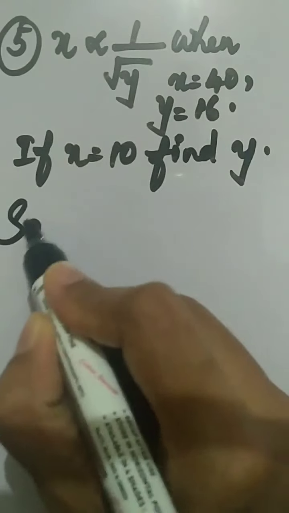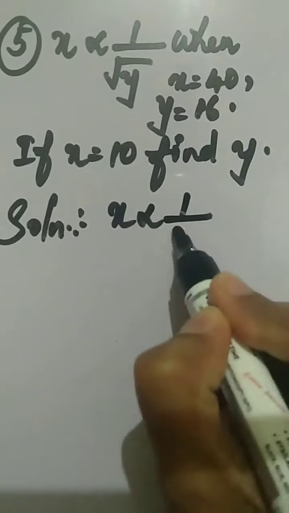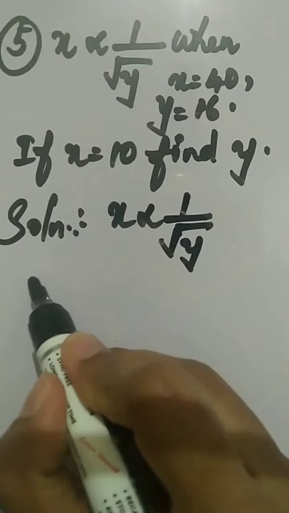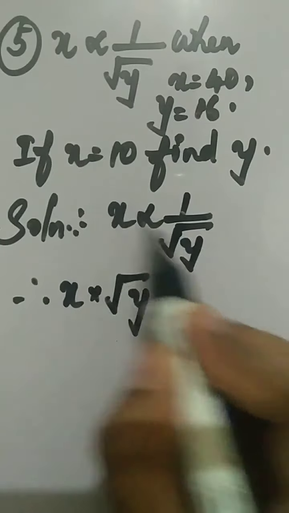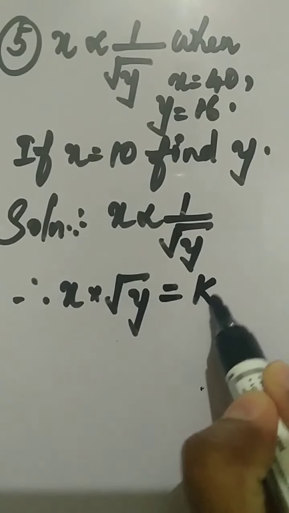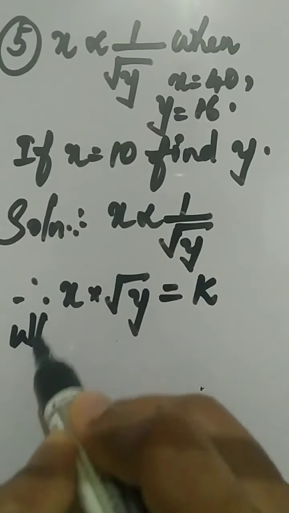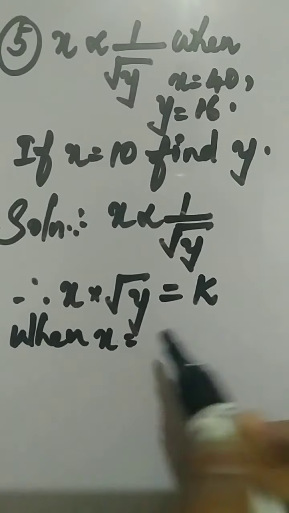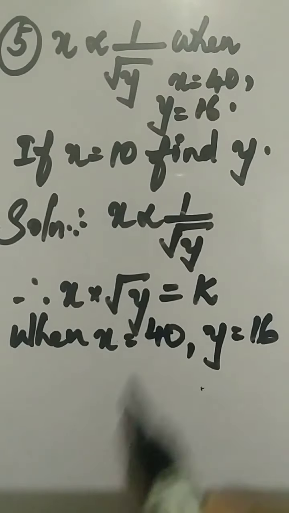So solution, how will you solve? X varies inversely to root of y. Therefore, x multiplied by root of y, x and root of y will be constant. When x is equal to 40, y is 16, substitute.